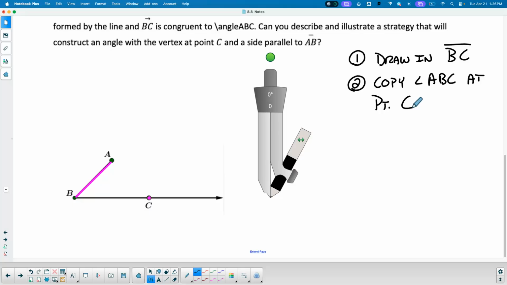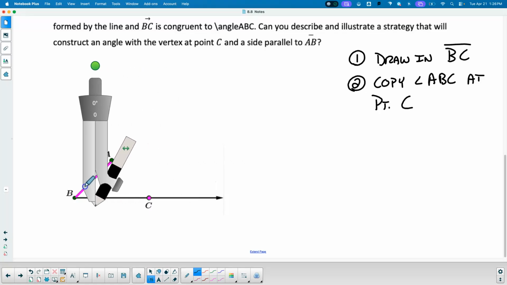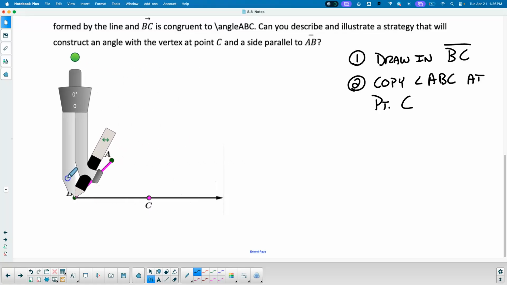Refresh my memory, we've copied angles already. How do I go about copying an angle? Arc first, because it's not a line.